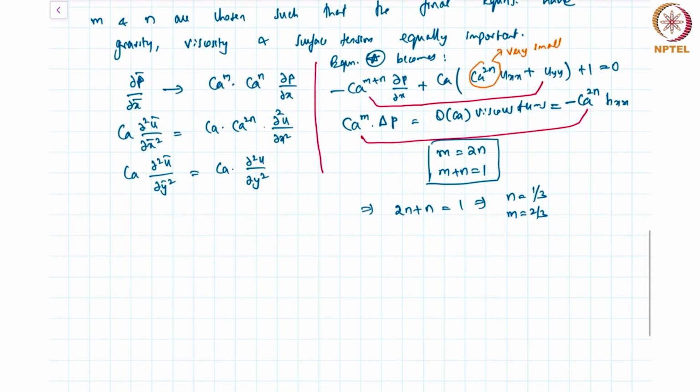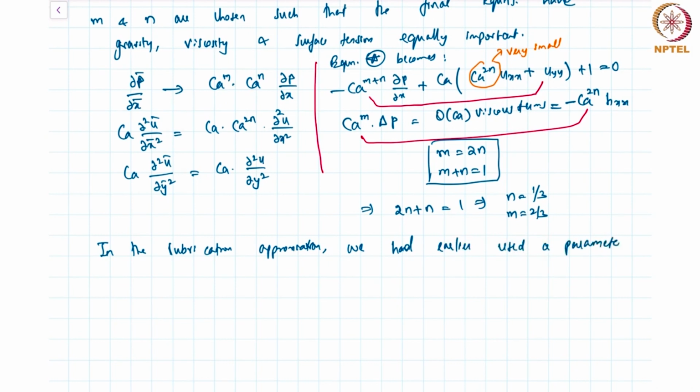So in other words, in the lubrication approximation, we had earlier used a parameter epsilon, right?